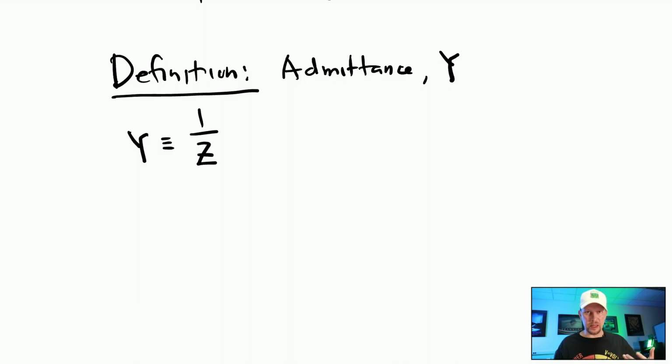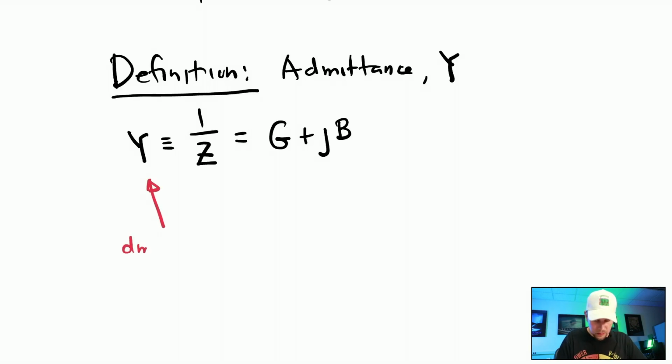Now, since the impedance is a complex number, the admittance by its very nature is actually going to be complex as well. And if we rewrite it in Cartesian coordinates, it can be rewritten as the real part of the admittance plus j times the imaginary part of the admittance, right? So this is the admittance.